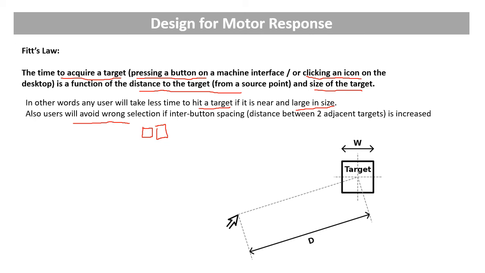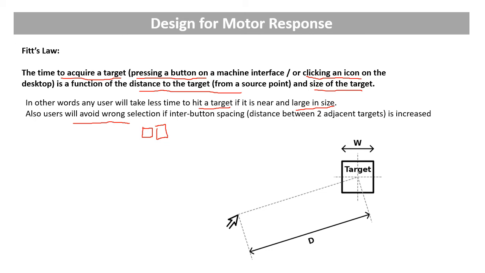See here, suppose this is the cursor start point, which can be in the middle of the screen, and this is a target. It can be an icon, and W is the width of the target, and D is the minimum distance from the cursor start point to the center of the icon.